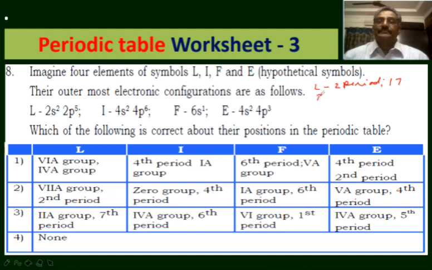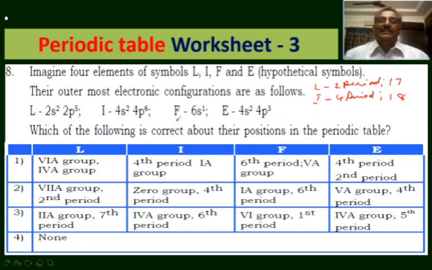I, period number is fourth period, as the valence shell is fourth, and this is also a p block element. It has 6 electrons in the p orbital, that is the number of valence electrons is 2 plus 6, 8. So group number is 18.